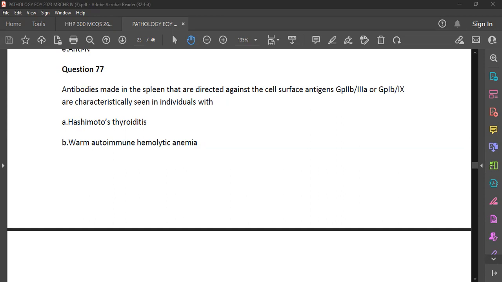In which cell are these antigens going to be found? These cell surface antigens. All right. So the correct answer is going to be platelets, yeah?